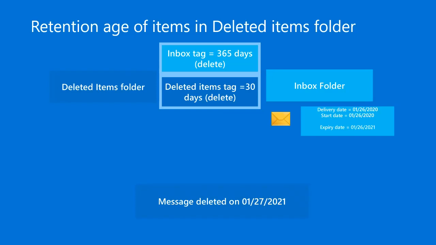Now, moving further, I'll be talking about deleted on so and so date. That doesn't mean that on the exact date the email will be deleted. It all depends on when MFA is processing that specific mailbox. Say, for example, in this scenario, we talk about the email being deleted on the 27th of January.